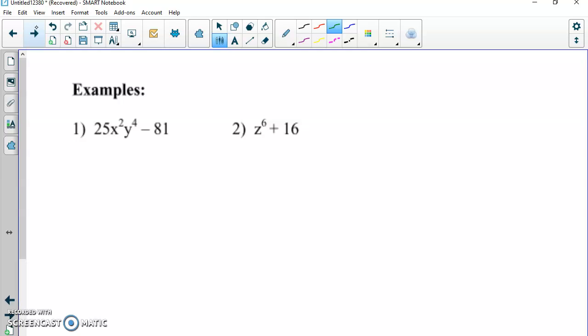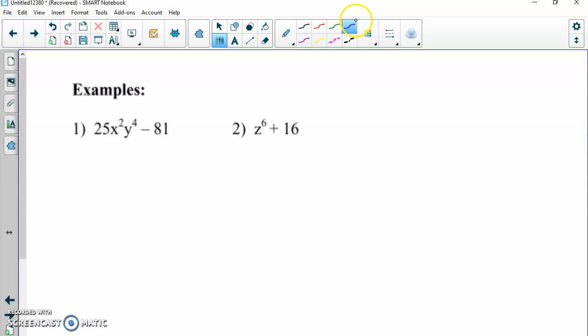Alright, number 1 and number 2. We've seen perfect squares a lot, so when we see 25 and 81, a light bulb goes off and says, ooh, perfect squares.